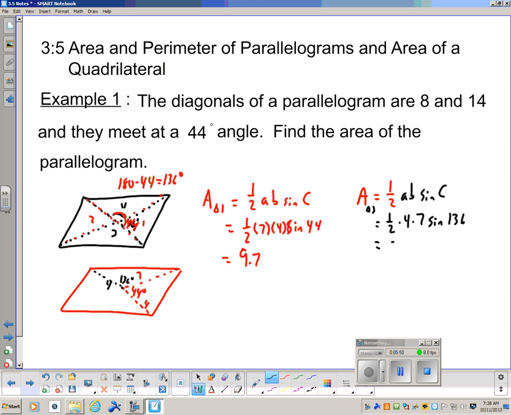And I'm getting 9.7. So we've got our areas here. We've got 9.7. There's 4 of them, and they're all the same. So 9.7 times 4 gives me 38.8. So there we have the area of that.